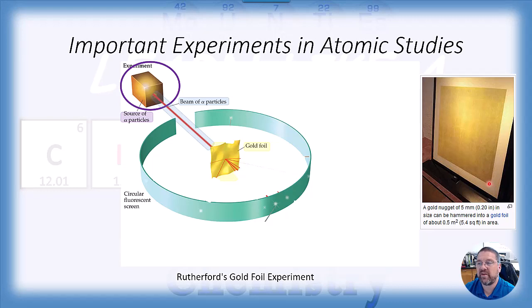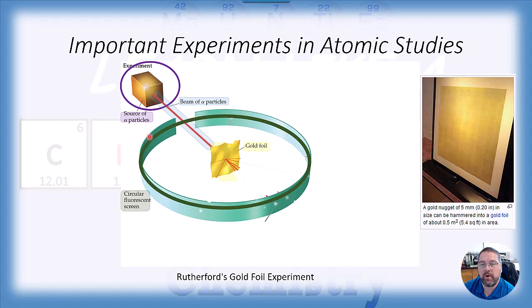Now, for perspective, that is 1/2 meter on a side, so that's about 50 centimeters. So hopefully you can see this. It's about that big on a side. Okay, so from a tiny little nugget to get something that big, obviously it's going to be very, very thin. And because that gold foil was so thin, that's why Rutherford chose to use gold for the experiment.